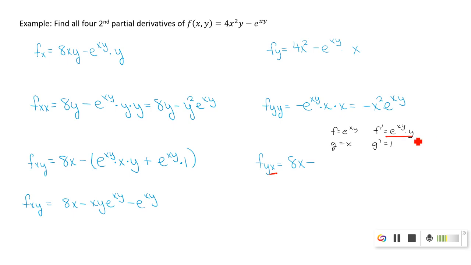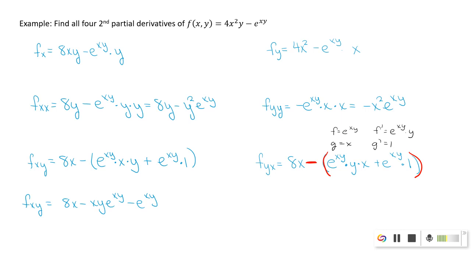So chain rule, the e to the xy becomes an e to the xy times y. Derivative of x is 1. And then I'm just going to go ahead and plug that into my product rule. But I'm also going to keep track of that negative, making sure I put my product rule in parentheses so I don't forget to apply that negative to everything.